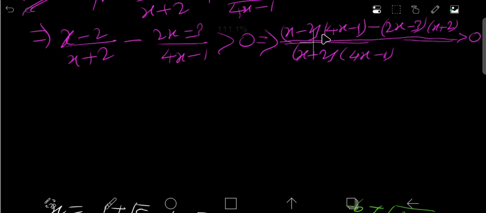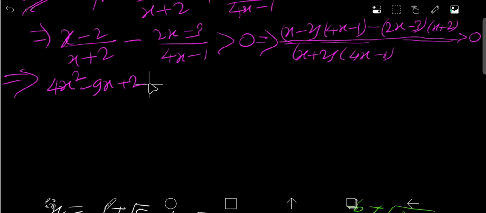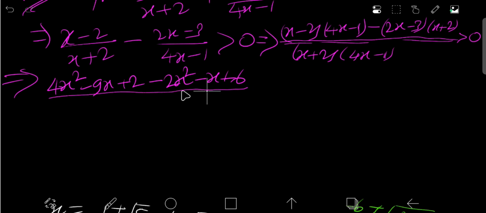In the next line we get 4x square from x and 4x, and here minus 8x minus x is minus 9x, plus 2 into 1 is 2, and this gives minus 2x square minus x, and from here 3 into 2 is 6, and minus, this minus gives plus 6, all divided by this.